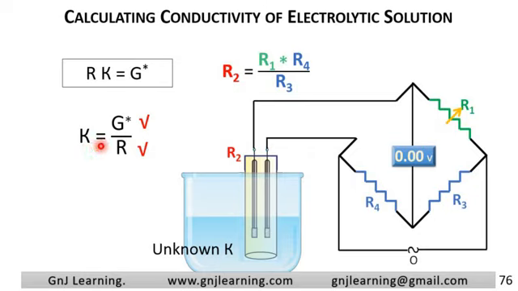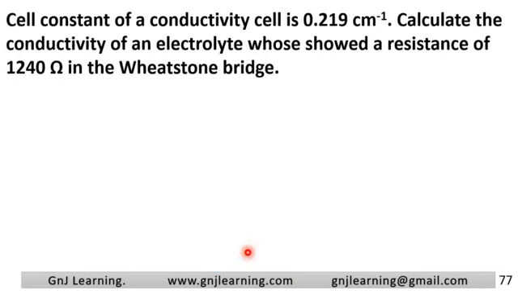So this is the advantage of a conductivity cell. If I have a conductivity cell as a permanent one, the cell constant is a constant. If I fix this cell constant, I can use this cell to determine the conductivity of all the unknown conductivity solutions. So let's see one example.